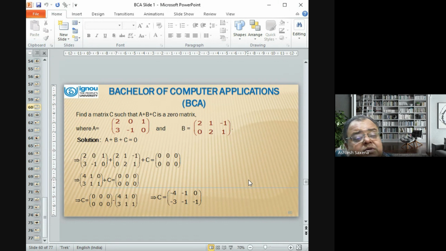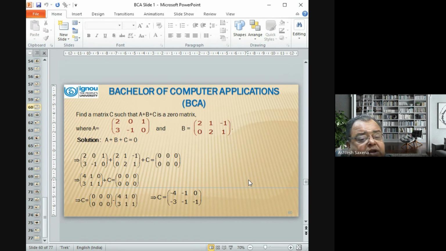So it will become 2, 0, 1, 3 minus 1, 0, plus 2, 1 minus 1, and 0, 2, 1, plus C, which will be equal to 0. 0 means a zero matrix of the same order. Remember, addition and subtraction are only possible when the orders of the matrices are the same.